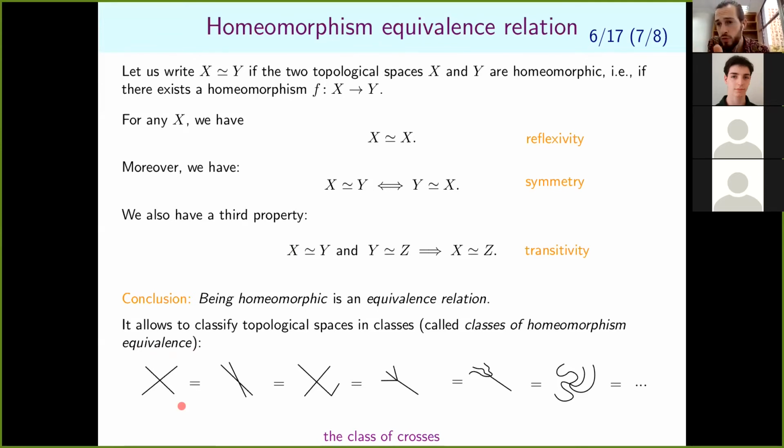Because you will prove that if you had a homeomorphism, then the center should be sent to the center of the cross and of the three-branch thing. And then you remove these points and you obtain three connected components and four connected components. So it's not homeomorphic. Okay, thank you.